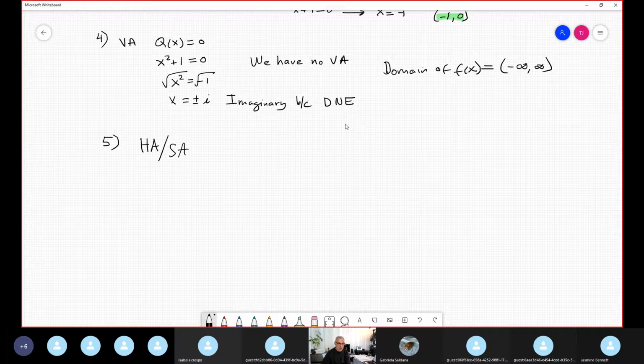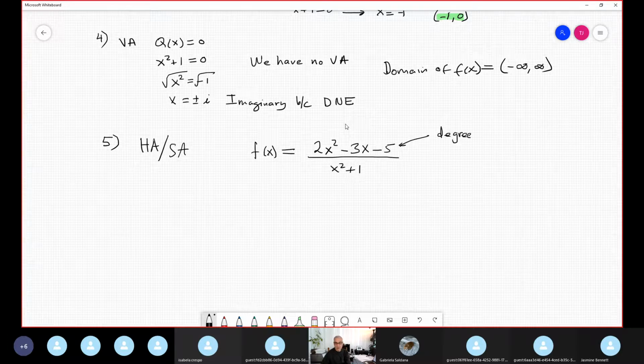Let me copy the original. The original was f of x is equal to x squared minus 3x minus 5 divided by x squared plus 1. Degree analysis: what is the degree of the polynomial in the top? What is the degree of the polynomial in the bottom?